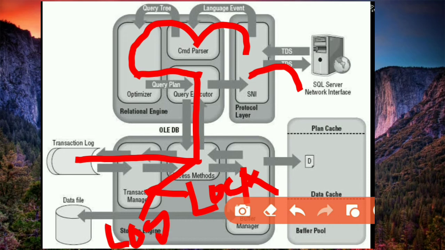When the query reaches the transaction manager, the log manager will assign one LSN, a sequential number called the log sequence number, and send it to the transaction log. It will assign one LSN for that particular transaction, and it will keep a log also. So it will keep two types of log.